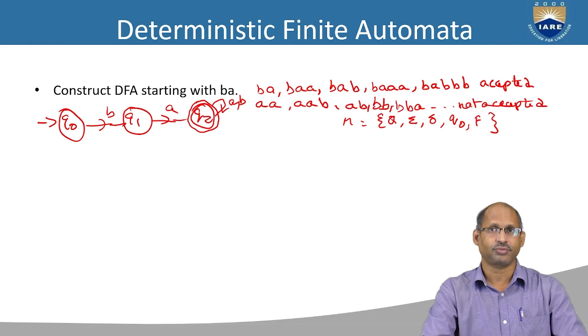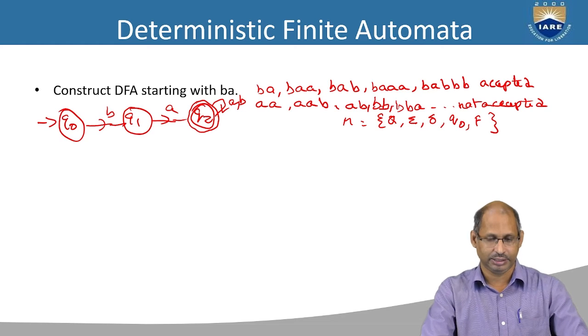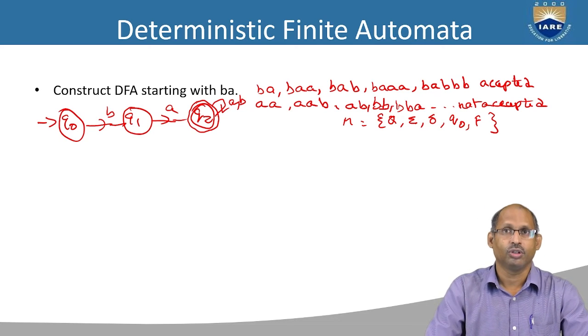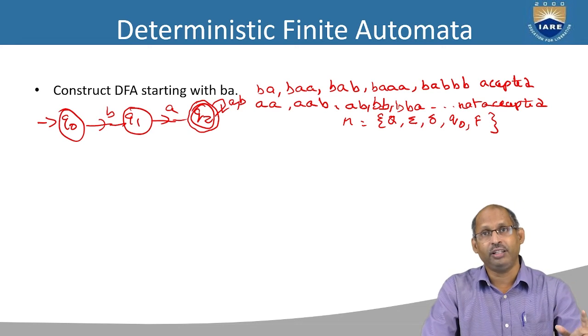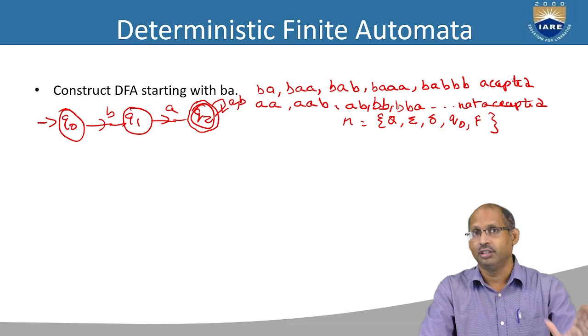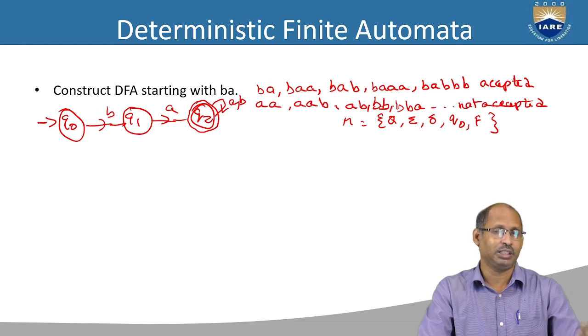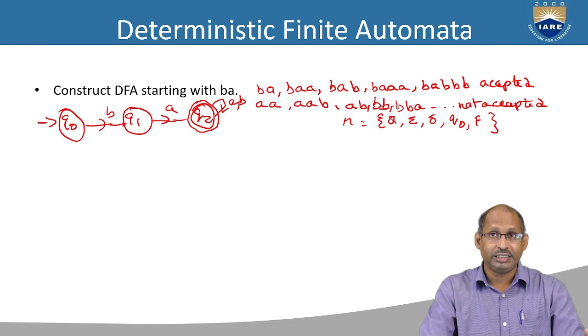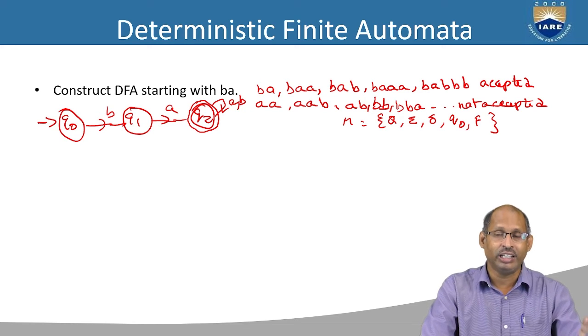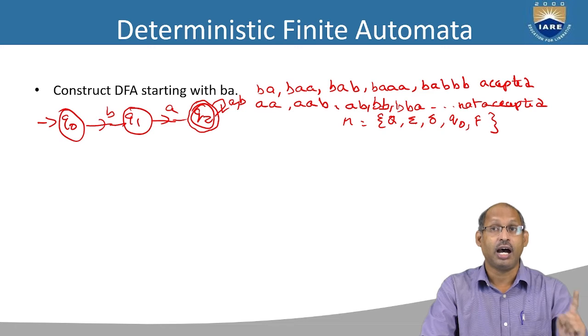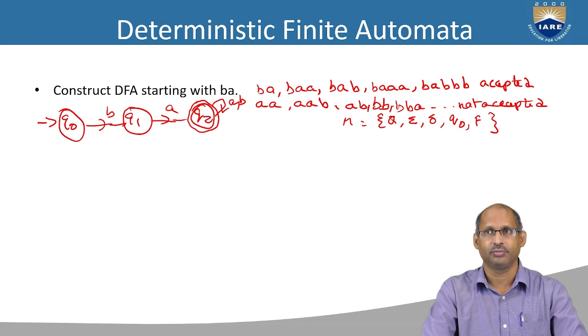Is it clear? By considering Q2 as the final state. Now, Q0 is a state. On B, what does the DFA say? A Deterministic Finite Automaton says a state must have one and only one transition on each input symbol.